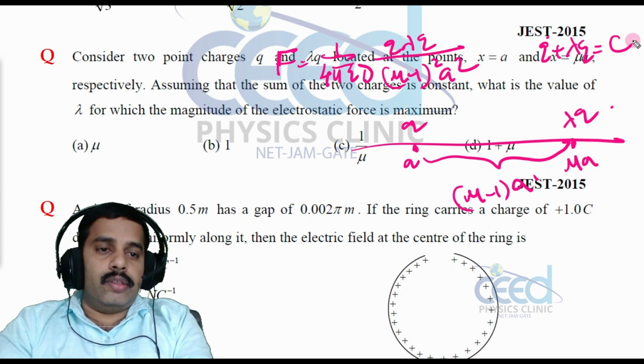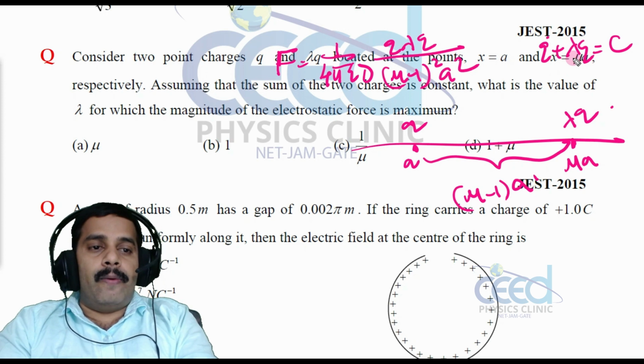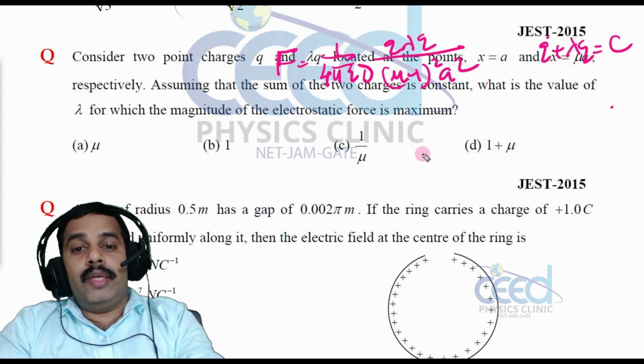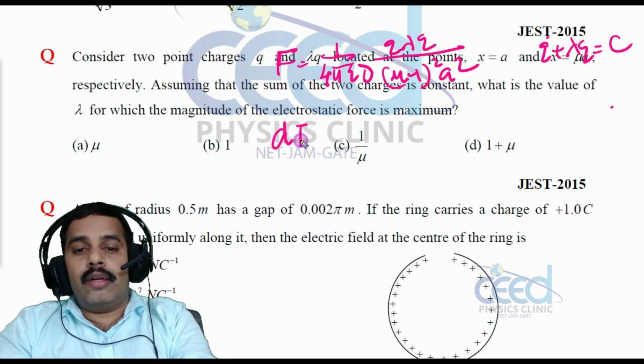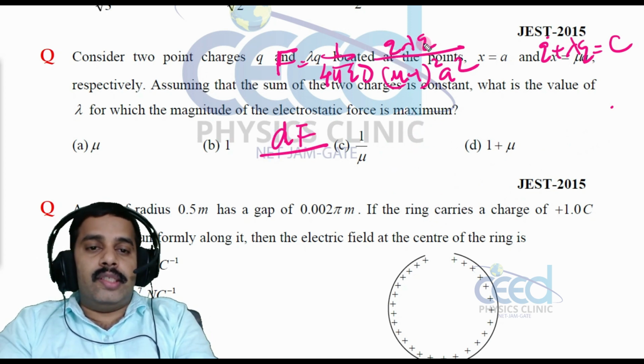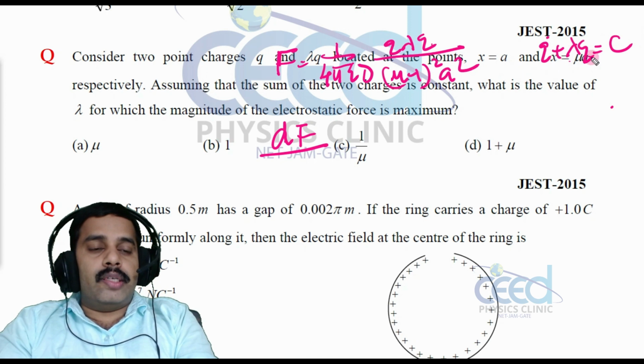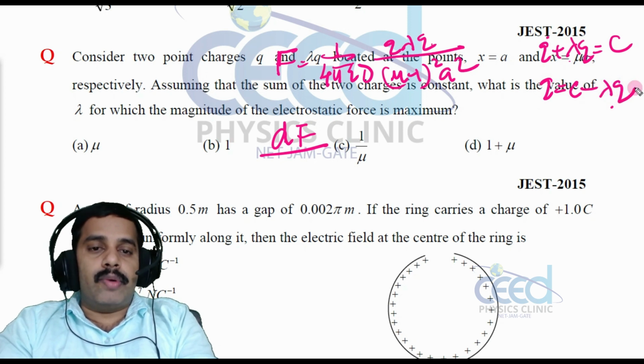That is also given. Now this will be maximum when dF by d lambda is zero. Since q plus lambda q is a constant, let me write q is equal to some c minus lambda q, right?